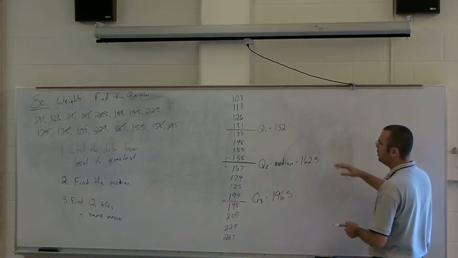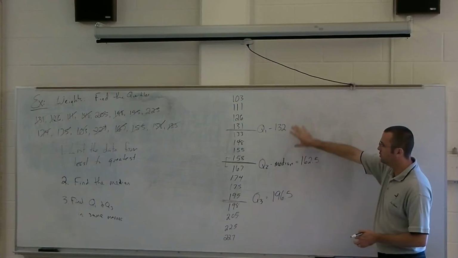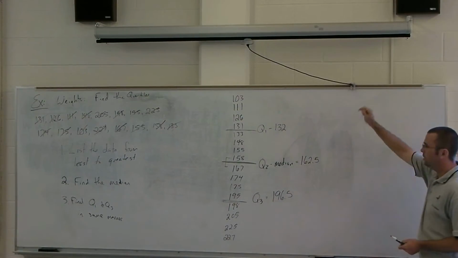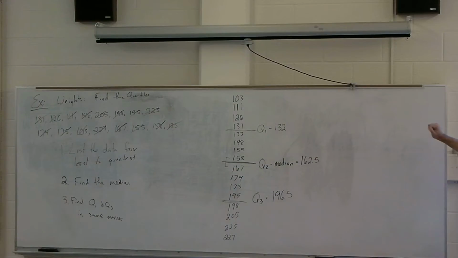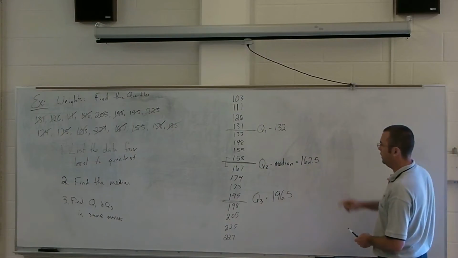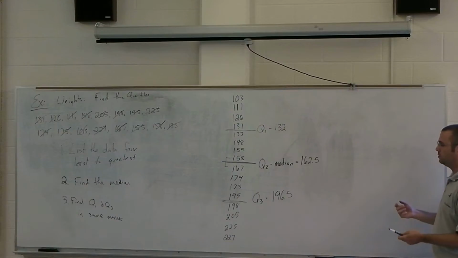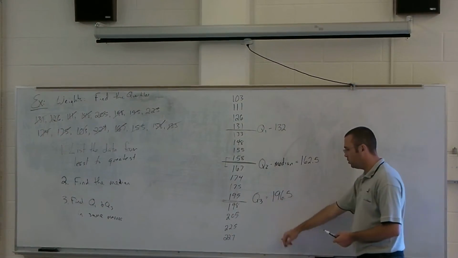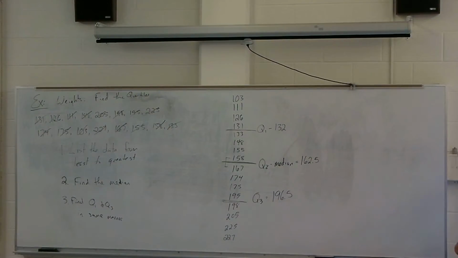Let's take a look at what these values are telling us. 25% of my data is lower than 132 pounds. 50% of my data is lower than 162.5 pounds. 75% is less than 196 pounds, and 25% is greater than 196 pounds.